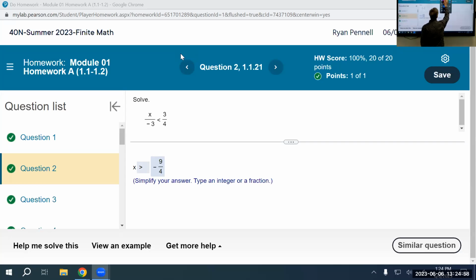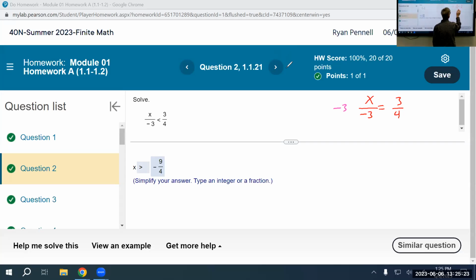I remember when I first learned this, and I know you already learned this before, but I was taught to think about it first as if it was equals. That's a technique. Some people like that. So if it was equals, what would you have to do to solve this? Well, I would just multiply both sides by that negative 3.